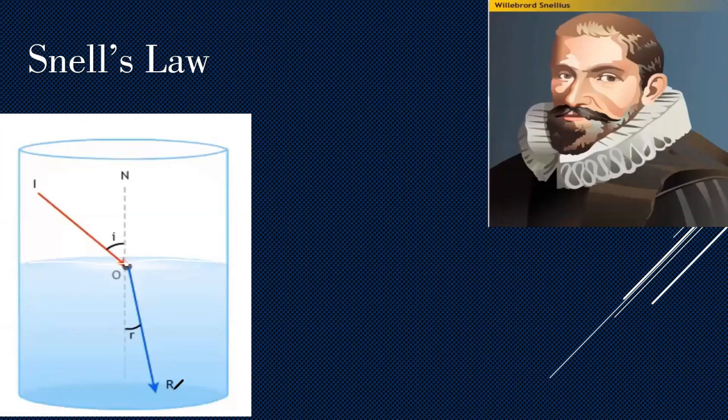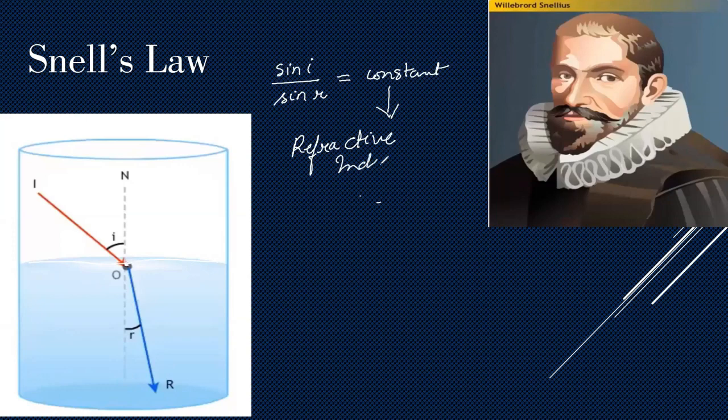So what is refractive index? We know what was Snell's law. Snell's law, sin I upon sin R is equal to constant. What is this constant? This constant is basically called refractive index, denoted by n. Now, for example, just consider that this is your medium 1, this is your medium 2, okay, this is air, this is glass.